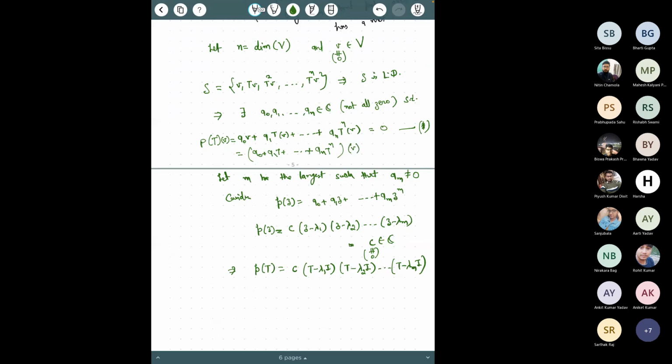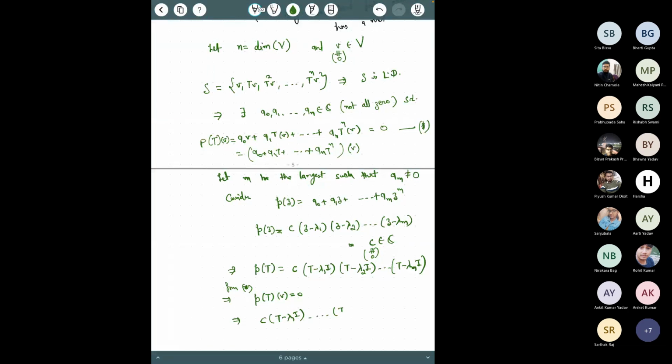So since P of T of V is 0 from 1, from the star, this implies that C times (T minus lambda 1 I) on up to (T minus lambda m I) applied to V is 0, right?